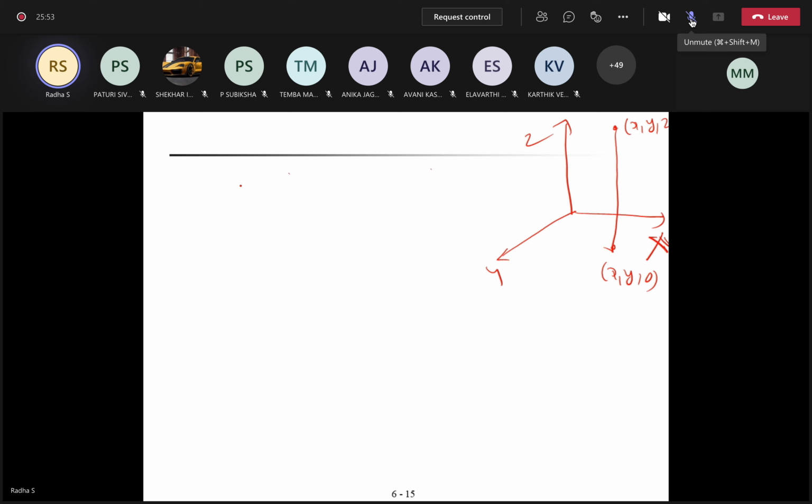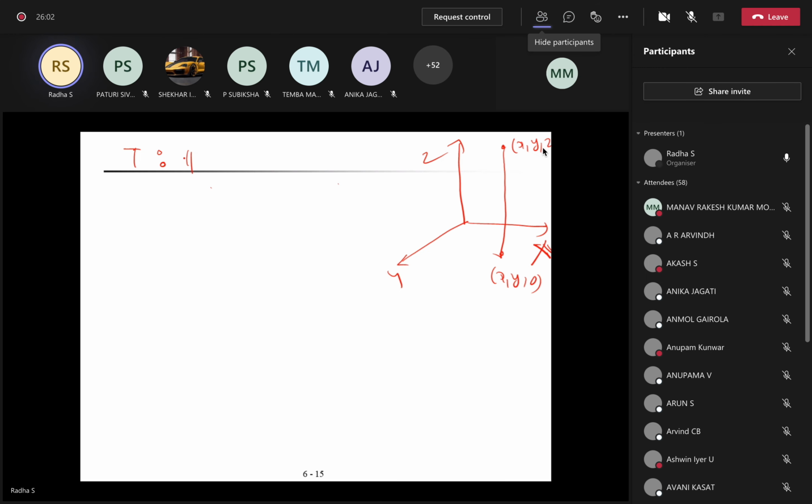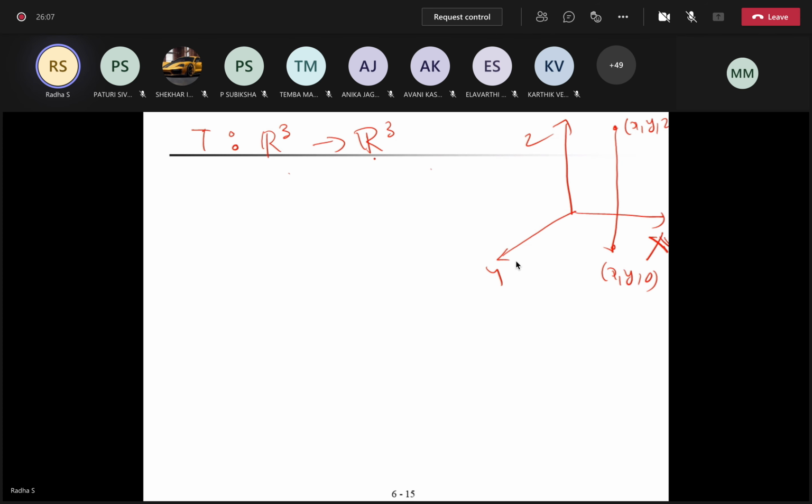I'll tell you something. Projection also has a matrix. T is a linear transformation from R cube to R cube defined by T of U equals A times U, that is, T of X, Y, Z goes to X, Y, 0.